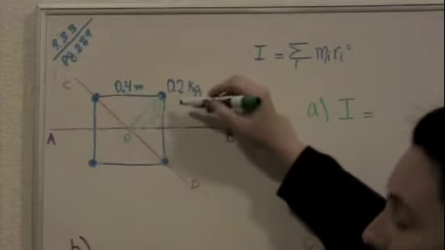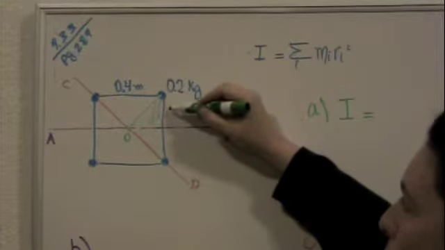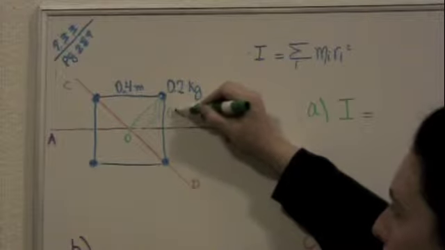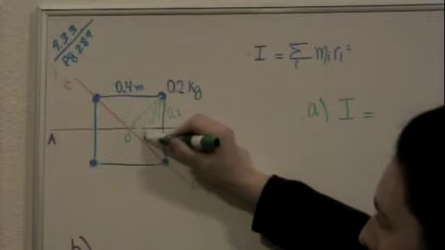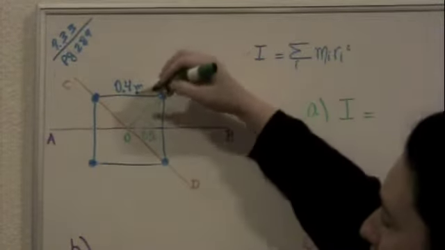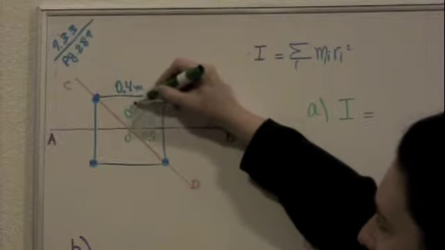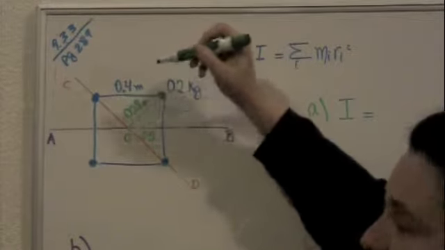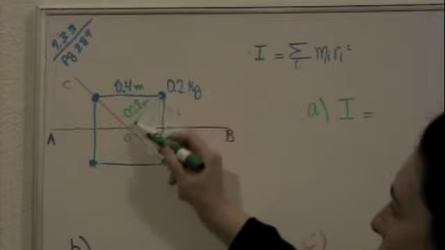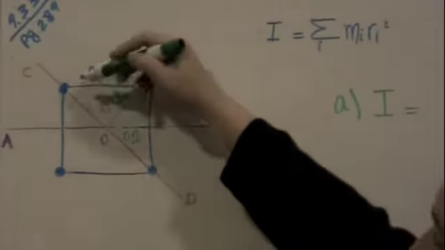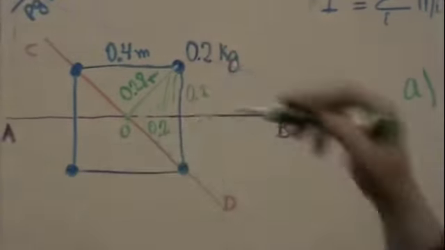The side of the square is 0.4, so this is 0.2 here, this here is 0.2, and if you use the Pythagorean theorem, you get that the hypotenuse there is 0.28 meters, all right?